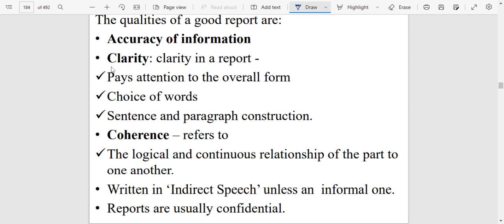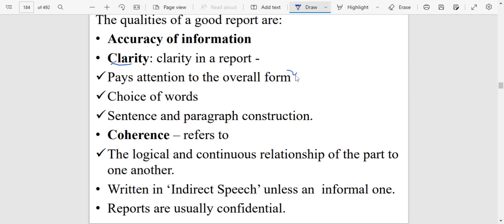And also clarity. Clarity in a report pays attention to the overall form or choice of words. Make sure that you are clear in the way you are writing. Are you clear in the way you've written your report, or even in the choice of words? The kind of words that you choose to bring out a point should clarify that point, because some words have different meanings, even though they are similar.